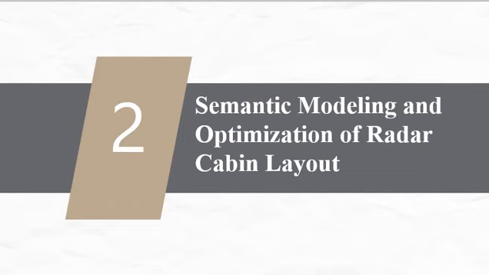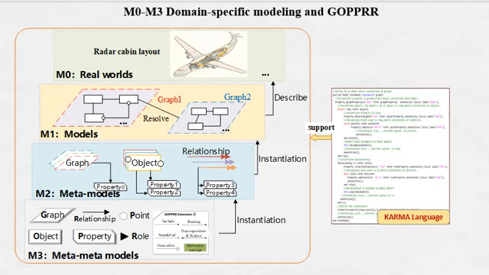Secondly, I will introduce the semantic modeling and optimization of radar cabin layout in this paper. In order to support the MBSE process for radar cabin design, the framework of M0 to M3 describes the mathematical models and the real world.